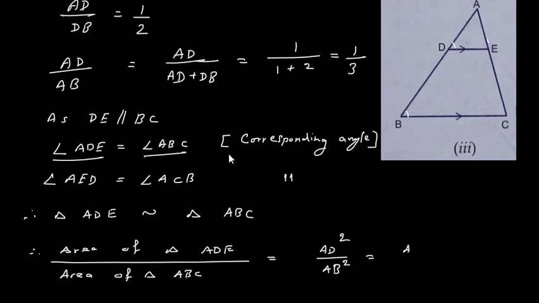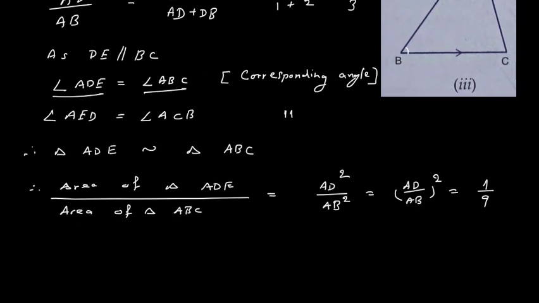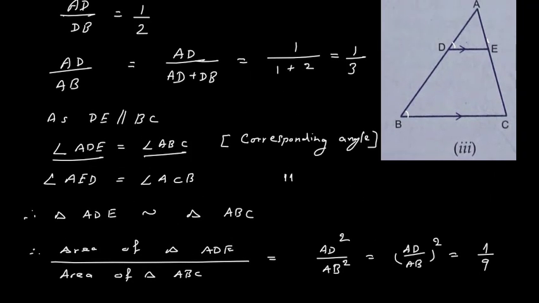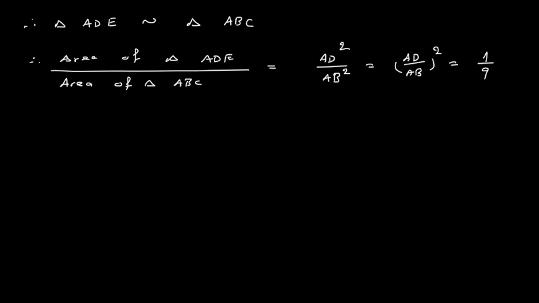So that I can say that AD upon AB the whole square, and AD upon AB is what? 1 upon 3. So 1 upon 3 square is 1 upon 9. So the ratio of area of triangle ADE and ABC is 1 upon 9. Fine. This much is okay.